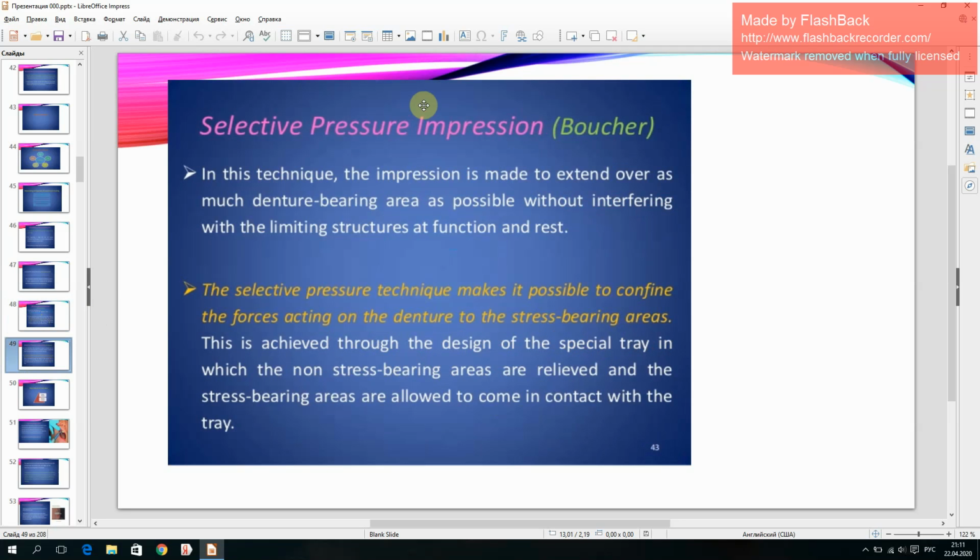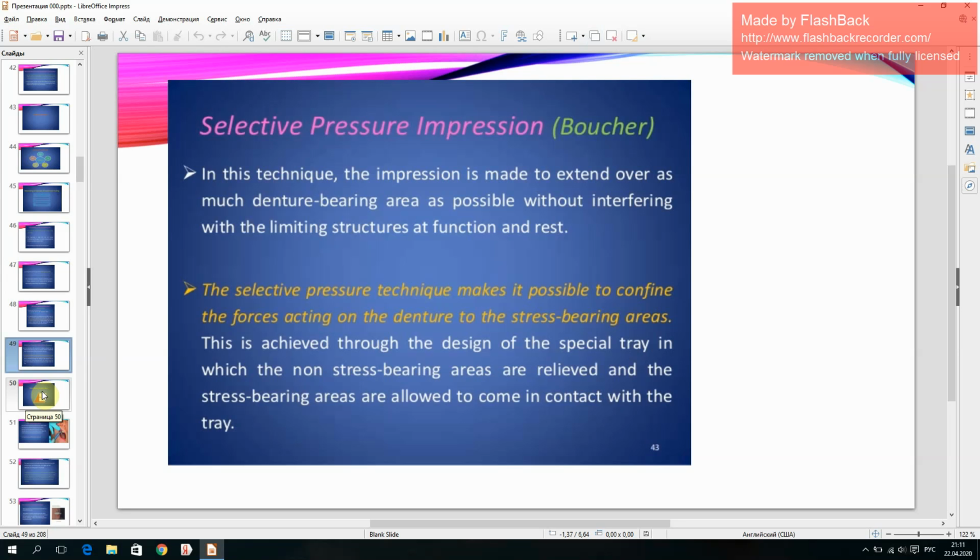Selective pressure impression, Boucher. In this technique, the impression is made to extend over as much denture-bearing area as possible without interfering with the limiting structures in function and rest.